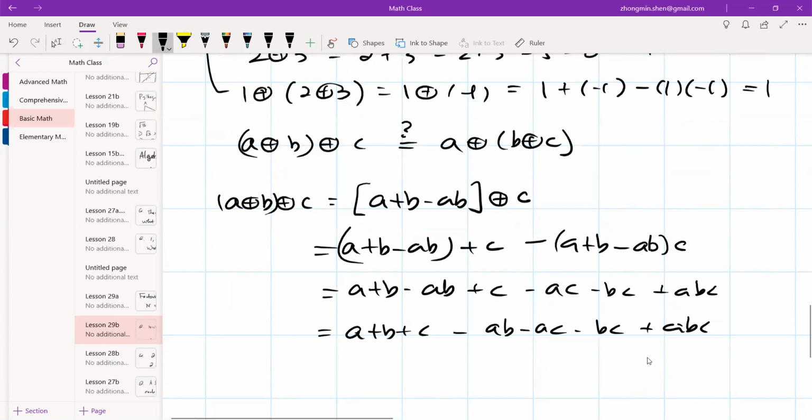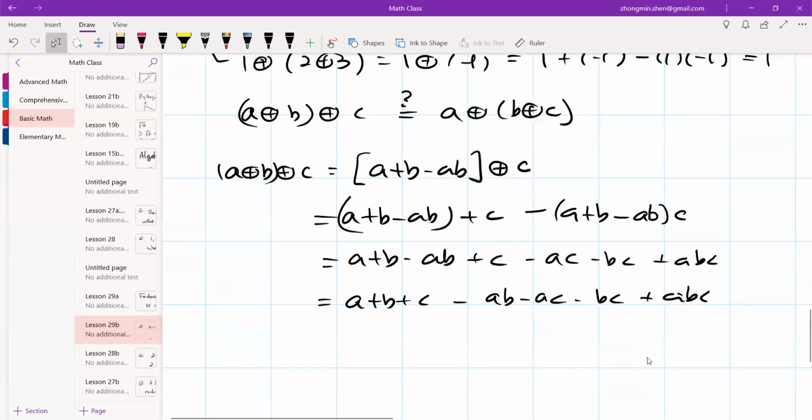So I'm pretty sure those two are equal. Let's check. B circle-plus C is B plus C minus BC.